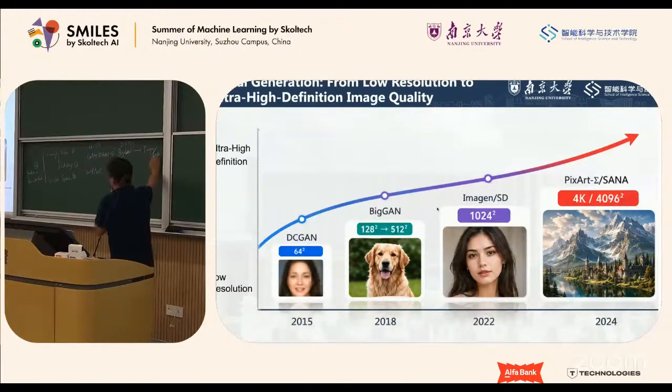Stable Diffusion from Stability AI, around 2022, brought the resolution to 1K.